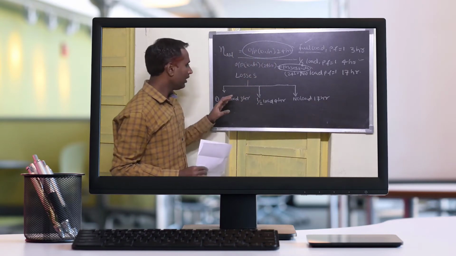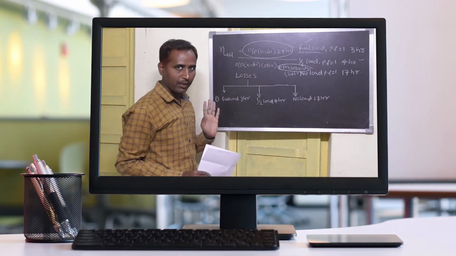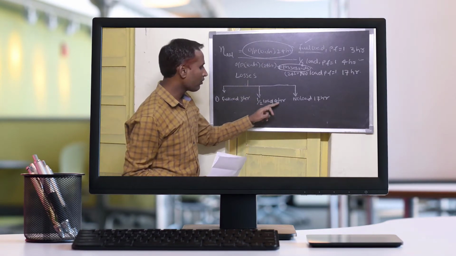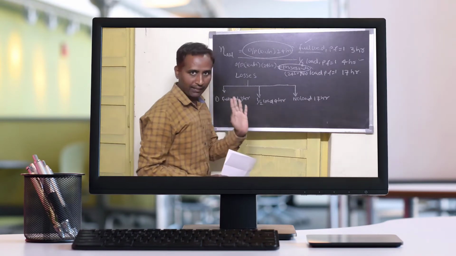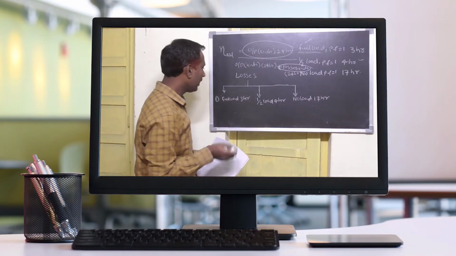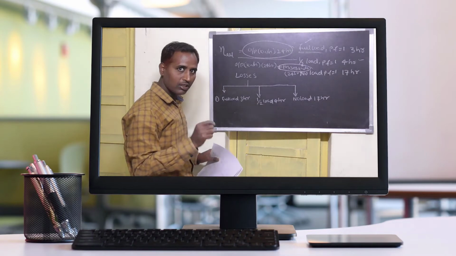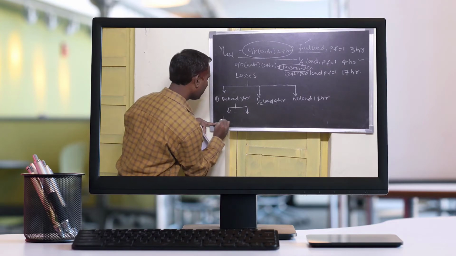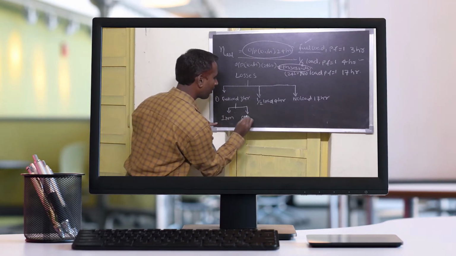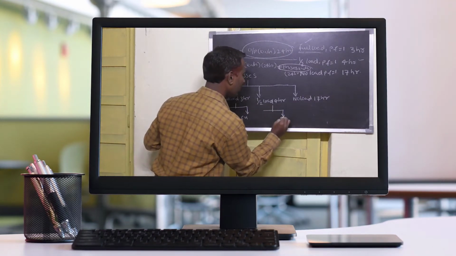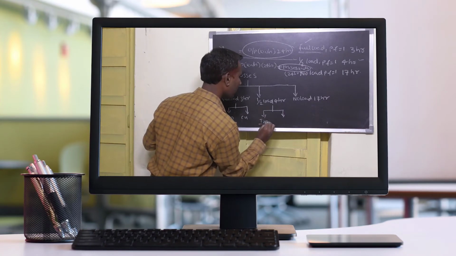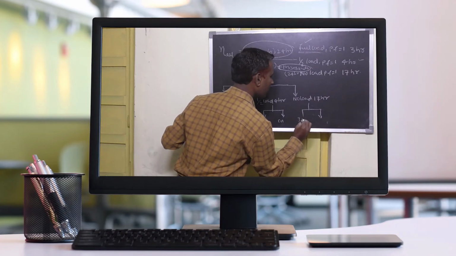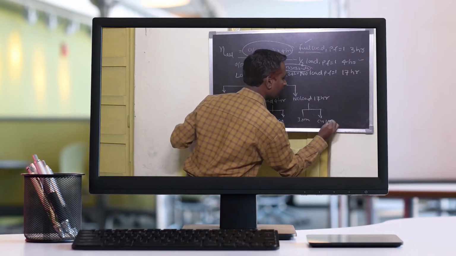Okay friends, here three losses happen: full load loss for 3 hour, half load loss for 4 hour, no load loss for 17 hour. Each loss contains copper loss and iron loss.